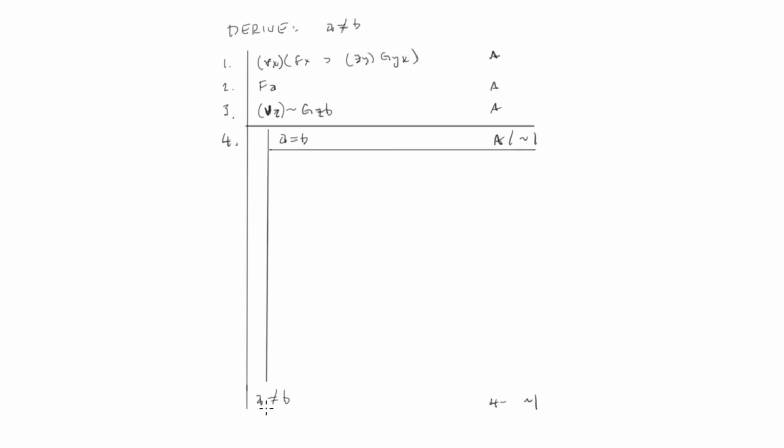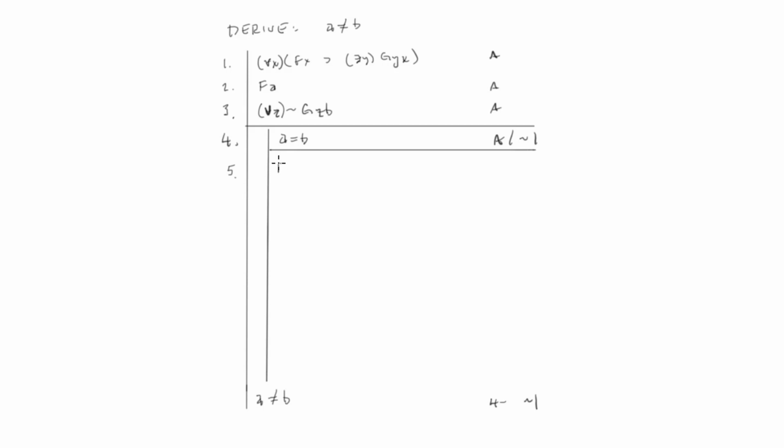So to prove that A is distinct from B indirectly, I assume that A is identical with B. And so that identity statement is going to play a role in our proof. Let's get moving with first applying universal elimination to line 1. We're going to instantiate to A because that'll give me a conditional, and FA will be the antecedent, and I have FA on the line by itself.